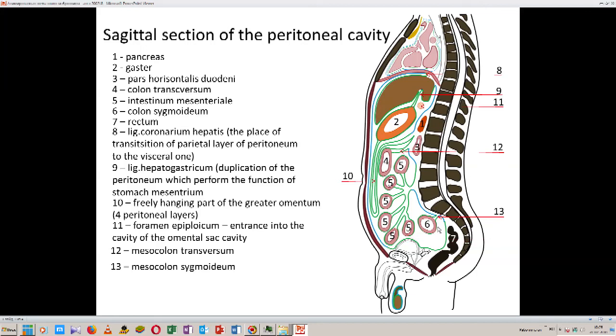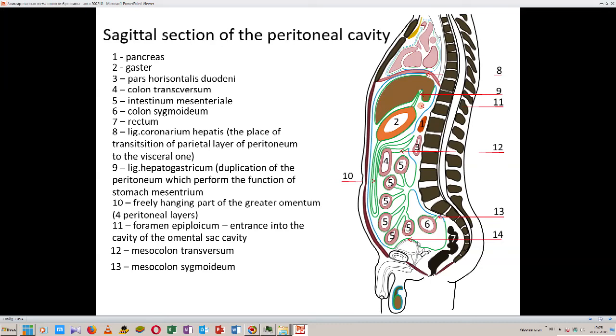And now number 14. What is it? You can say it's a parietal part of peritoneum. No, this is urinary bladder.